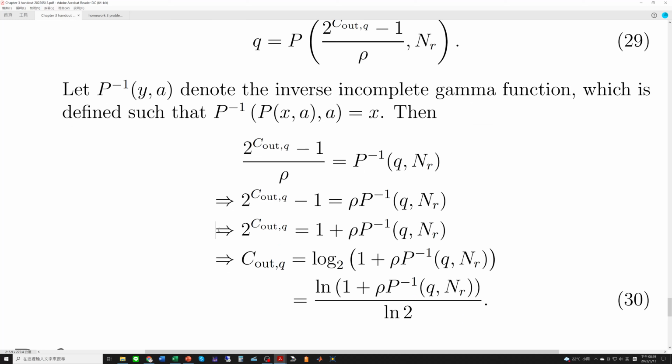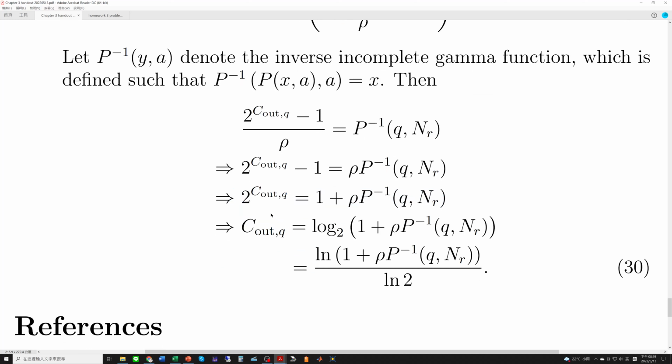And it implies that 2 to the power of C out Q is equal to 1 plus rho times P inverse of Q, nr. Taking log 2 on both sides of this equation, it implies that C out Q is equal to log 2 of 1 plus rho times P inverse of Q, nr.